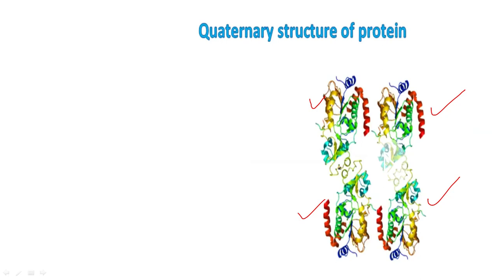You can see there are some primary structures, some alpha helix structures, and some secondary structures in the form of beta sheets. This is representing a monomer, and there are four monomers, so it will be called a quaternary structure in this case.